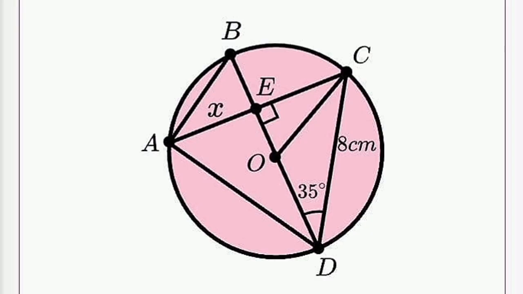So if you say sine 35 degrees equals X over 8 and solve, you will discover that X is 4.6 cm. So you found X for EC, 4.6 cm, and because EC is the same as AE, then the X at AE, which is where we are asked to find, is 4.6 cm.